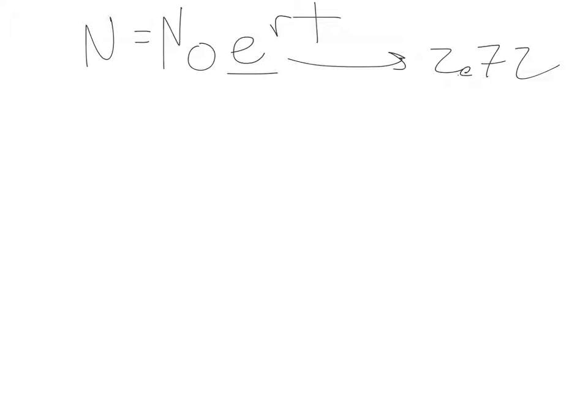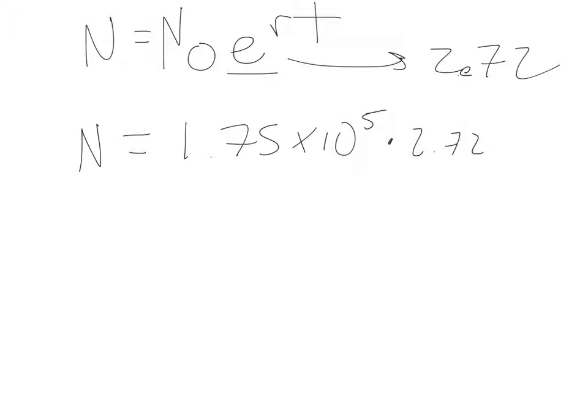So if we look at the first example, the growth of the population after a year, we want to know N, and we have our initial population, 1.75 times 10 to the 5th, so 175,000, and we're going to multiply that by 2.72, and we know r.